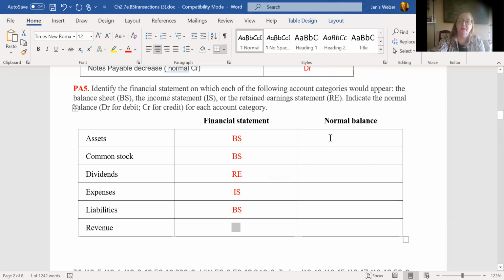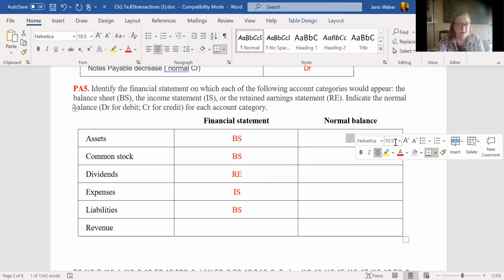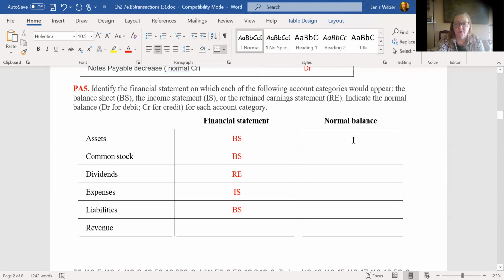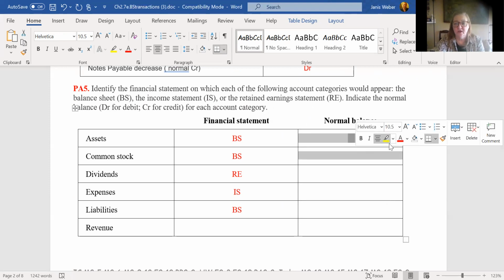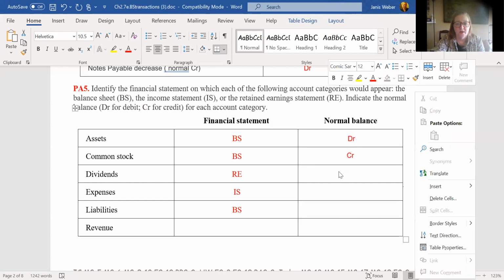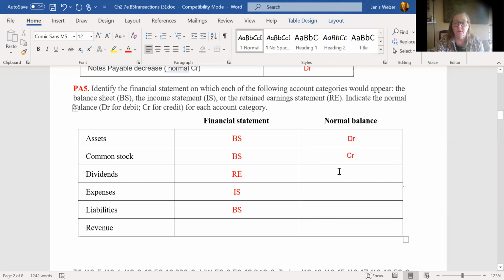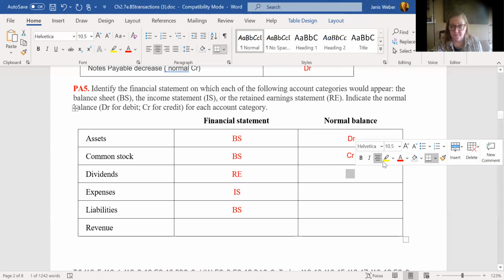And what is the normal balance for assets? Debit. And for common stock would be a credit. Dividends, normal balance. Remember, ADE, asset, dividend, expenses. Normal balance is a debit.